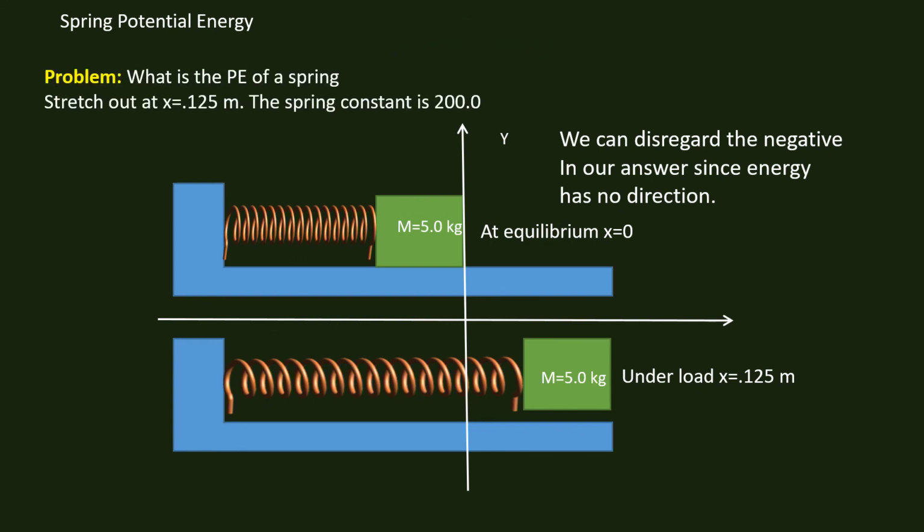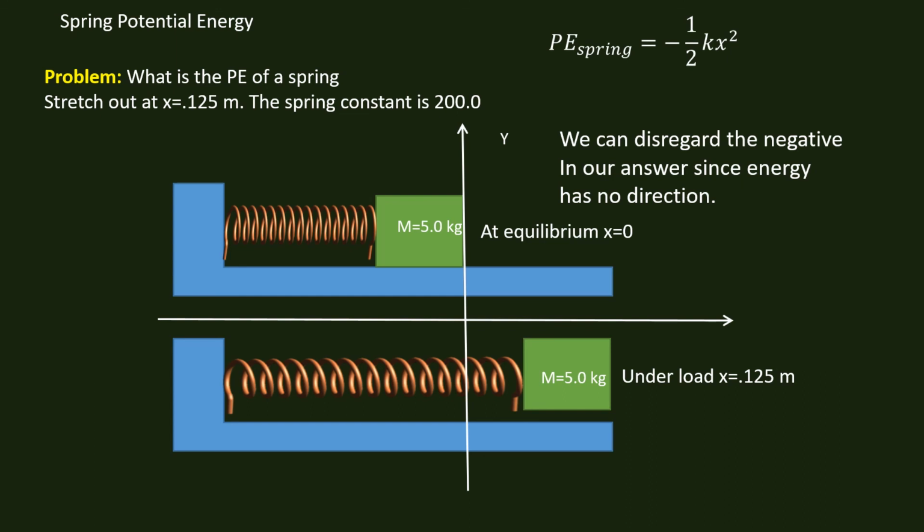So let's look at a problem. What is the potential energy of a spring when it's stretched out x equals 0.125 meters? The spring constant is 200 newtons per meter, okay? So we can disregard the negative in our answer since energy has no direction. So it's at equilibrium, and then under load, it's pulled out to 0.125 meters.